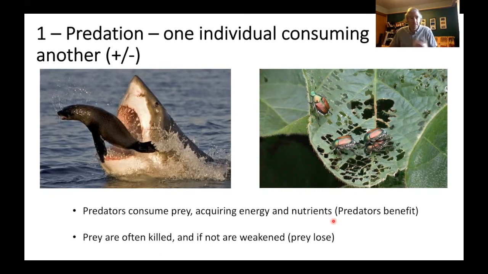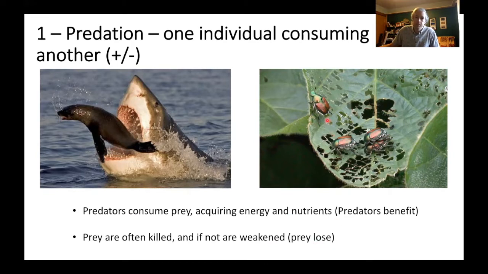When you have a predator, for example, the shark eating the seal, the shark is gaining energy and nutrients from the body of the seal. It therefore is benefiting. The prey are often killed outright. For example, this seal is in just a world of trouble and they're killed outright. And if they're not killed outright, they do become weakened, so the prey lose.